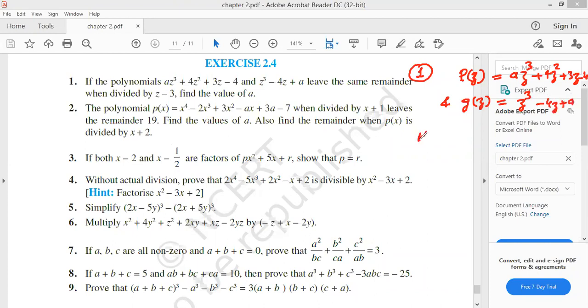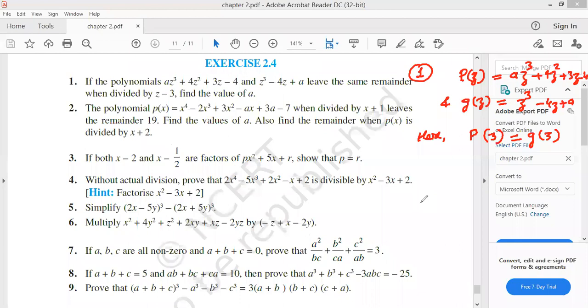So here it is given that p of 3 is equal to g of 3, it is given in the question.